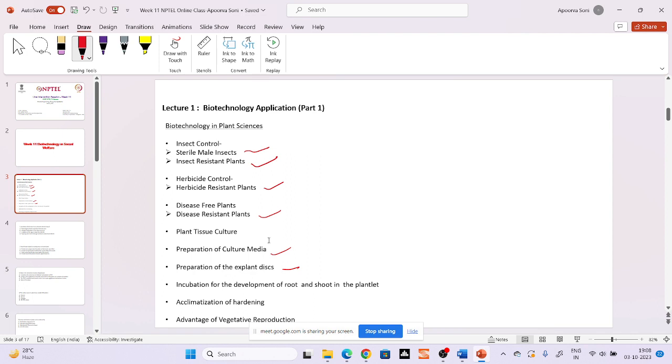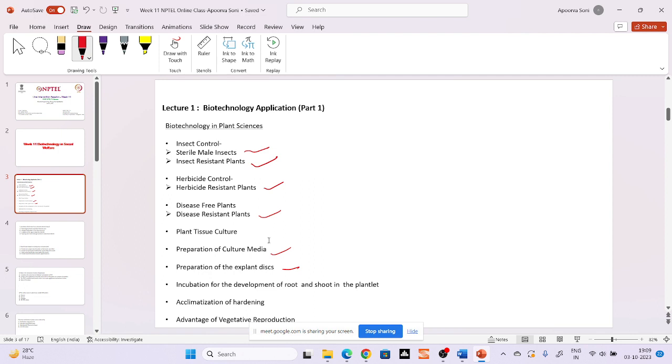This was not a very difficult week in terms of the concepts, because you just have to go through the various applications of biotechnology. But more important, I think, was lecture 3, where you studied monoclonal antibodies. Monoclonal antibody is an important part, and so are the basics of some very famous examples like BT cotton, and some examples given here.